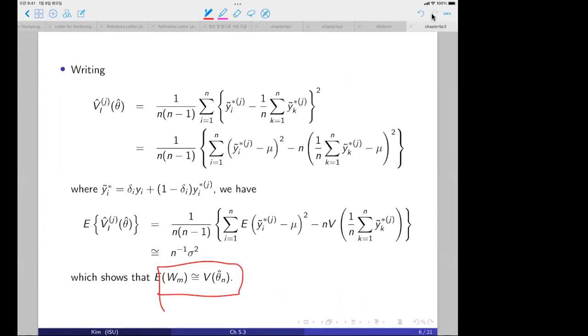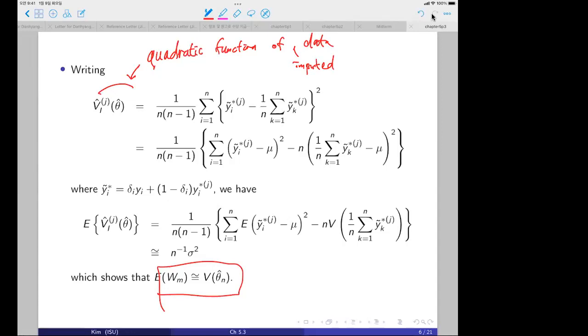Basically, the idea is, I'm not going to discuss all the details, but this one is basically a quadratic function of data, imputed data, right? You have a quadratic function. So as long as you know the correlation structure, the covariance structure, the expectation of the quadratic function should be computable exactly.